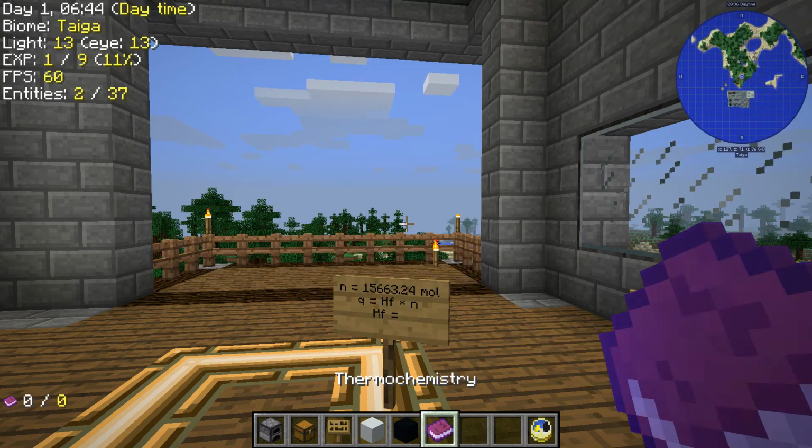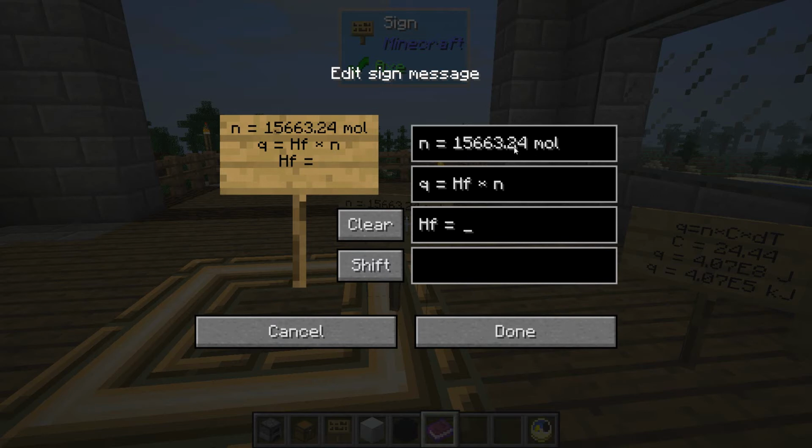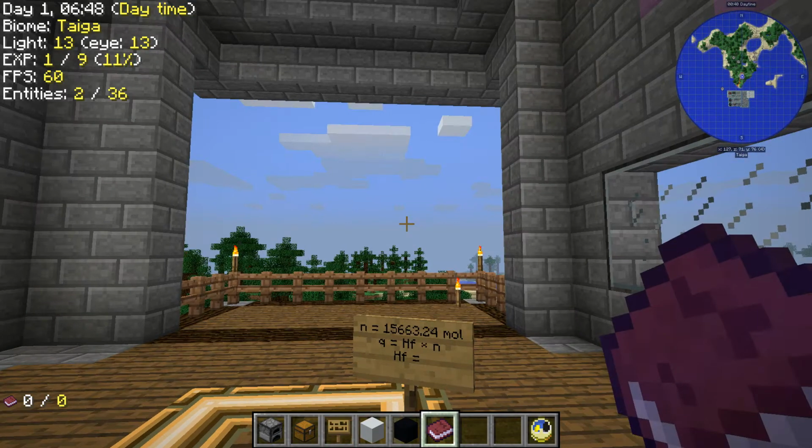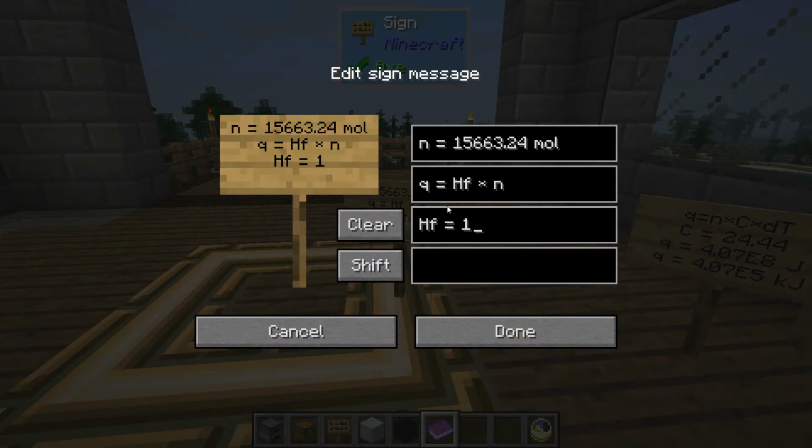So let's run this for copper real quick, because that's what we were using last time. That's where we got this number of moles from. And our heat of fusion for copper is 13.26 kilojoules per mole, so 13.26. So that's going to give us a total heat of, calculators out everyone, 15,663.24.